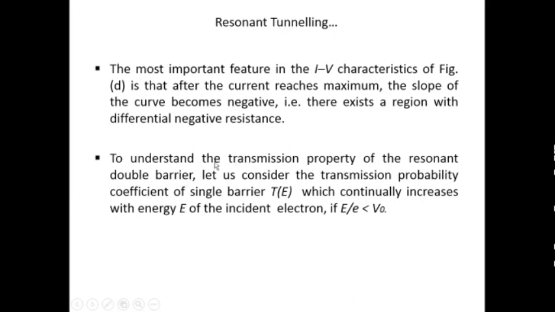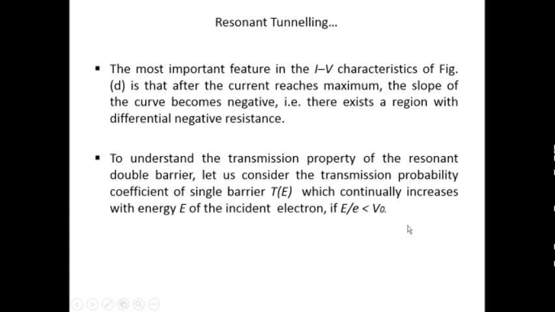So in order to understand the transmission property of the resonant double barrier, let us consider the transmission probability coefficient of a single barrier, which continually increases with energy E of the incident electron if the ratio of the incident energy E by the electron charge is less than the applied voltage, say V0.